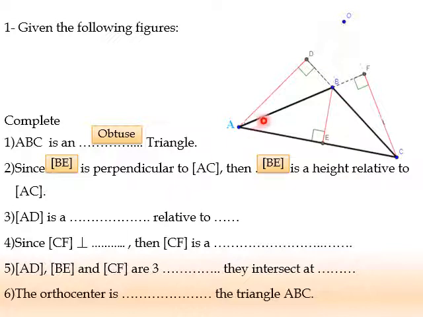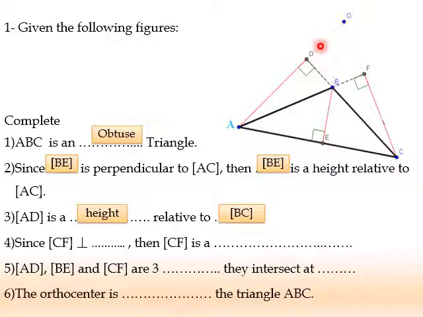Now, AD is a height relative to BC. It's the height relative to BC since AD is perpendicular to the line BC. It's a semiline issued from the vertex A perpendicular to the opposite side, which is BC.